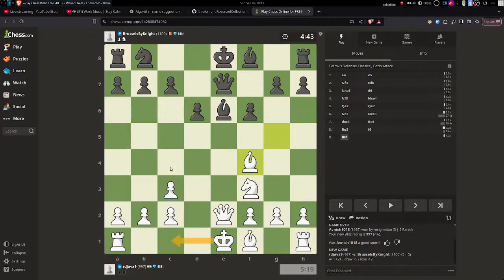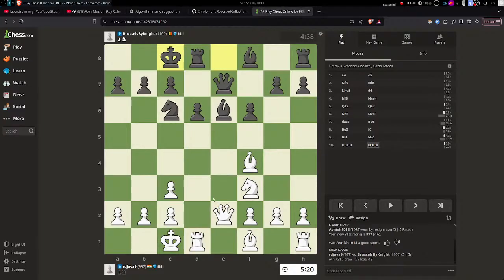If I castle and he takes, then I can just do this one and his bishop is trapped. But that is hope chess. I just cannot hope that he does that, right? But at least, anyways, I'm going to castle, and he's going to castle the same way. Nice.